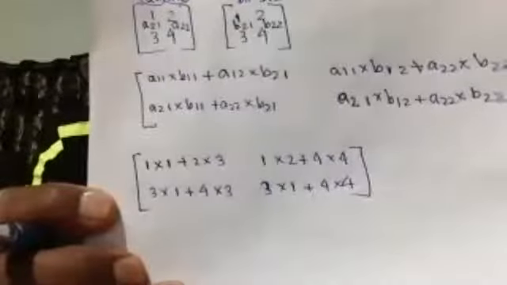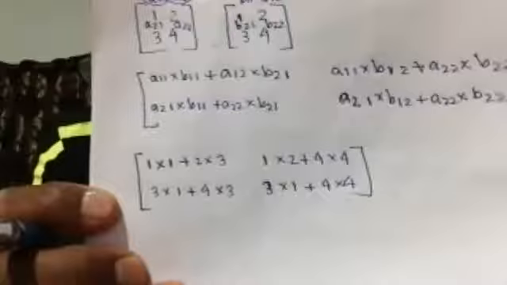Sir, 3 into 2, it's correct, no? The first row, second column: 1 into 2 plus 2 into 4. Then 3 into 4, and 4 into 4.